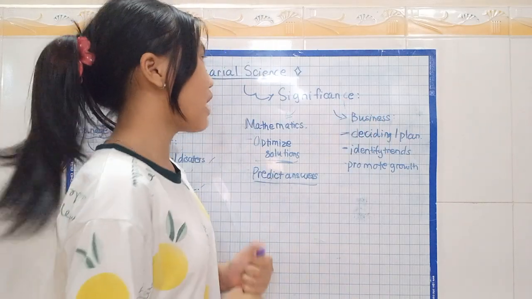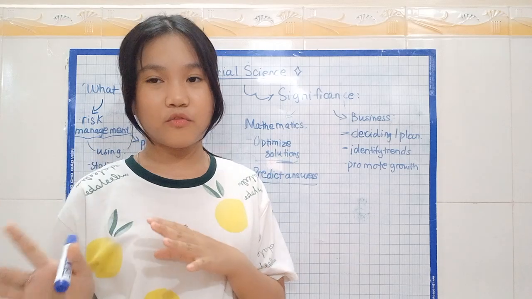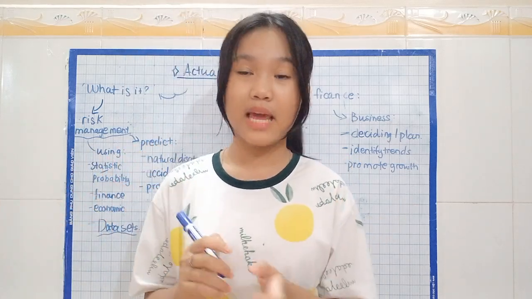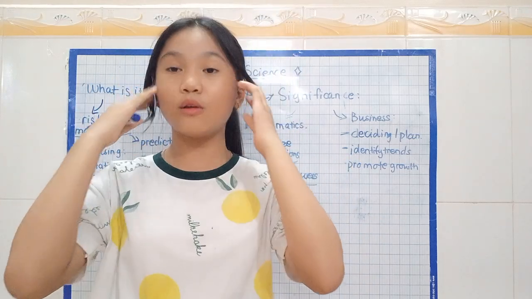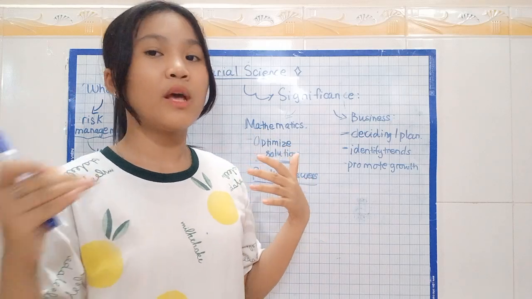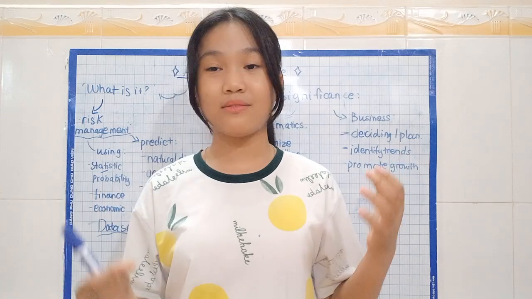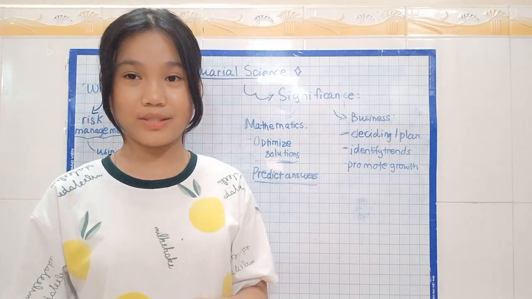So we could use our actuarial skills to predict the differences and the similarities between them, and then you could easily compare them to make sure that you get the best answer without having to do a lot of calculations.